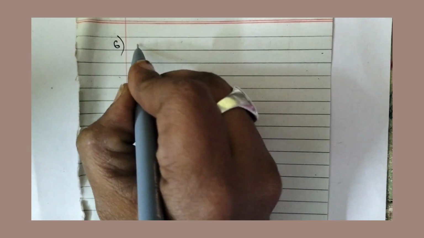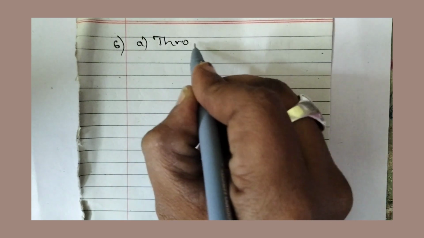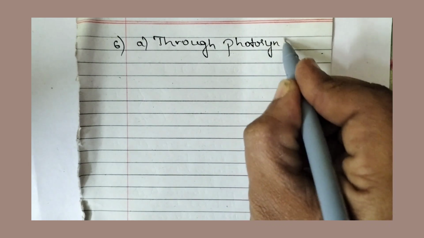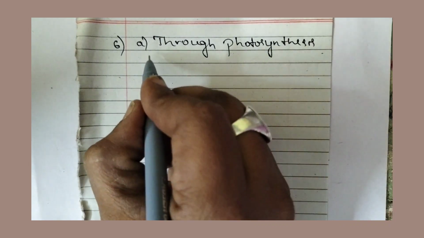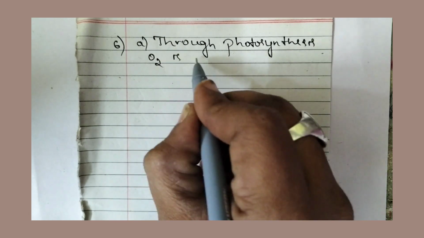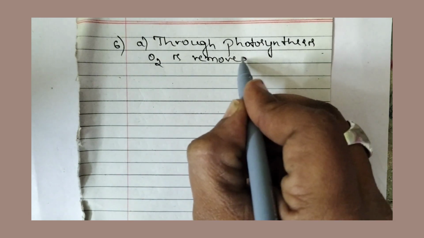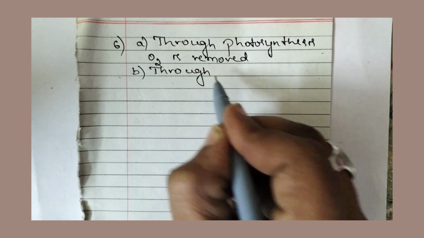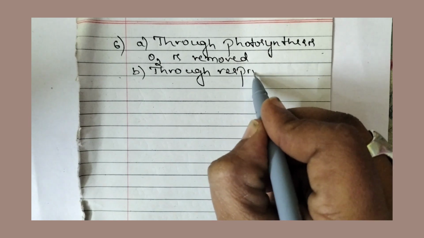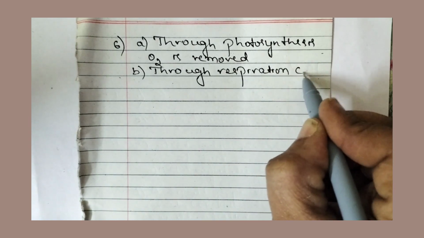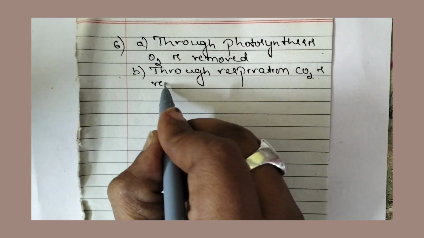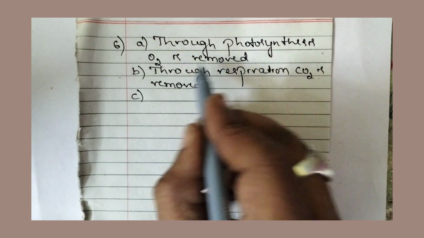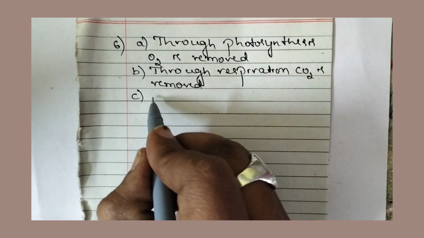The first point is through photosynthesis, oxygen is removed as a waste product. Second, through respiration, carbon dioxide is removed.